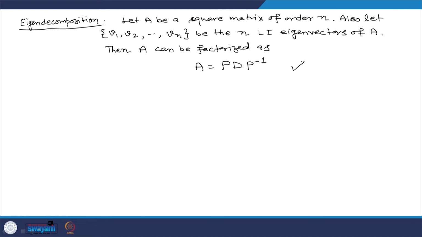Now, what is the relevance of P and D with the eigenvectors and eigenvalues of A?